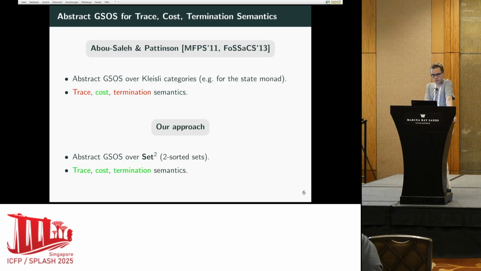And what we propose here is something that we think is an improvement of this. Namely, it is developing abstract GSOS over two-sorted sets, so a much simpler setting. And it covers all three kinds of semantics. And in the rest of the talk, I'm going to explain briefly how this works.